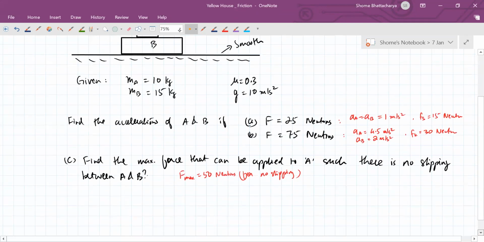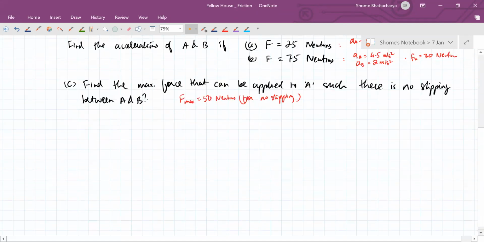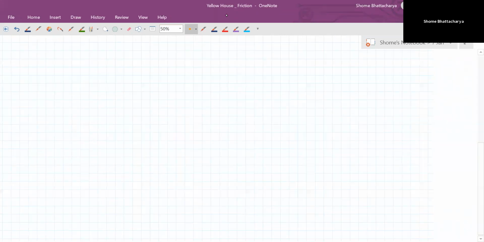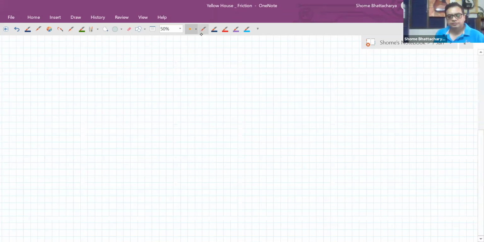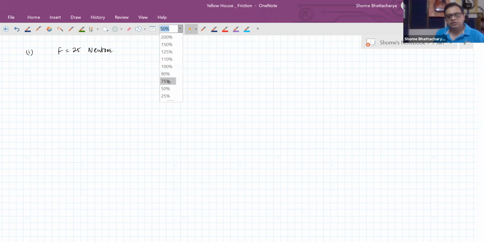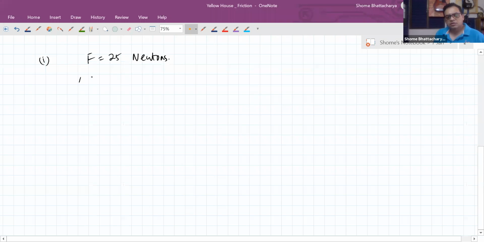Okay, so let's discuss the solution of this question. In the first part, when you are applying a force of 25 newtons, we can start with the assumption that there is no slipping. Acceleration of A is equal to acceleration of B is equal to some common acceleration a, suppose.